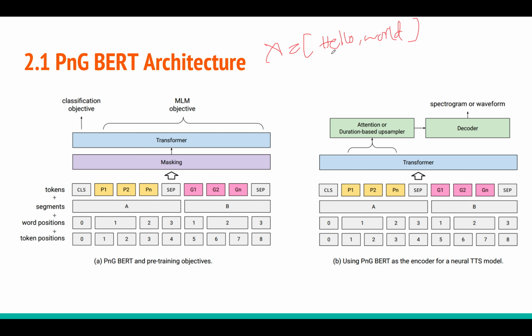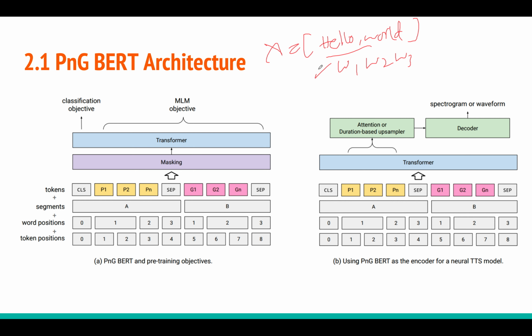Instead of taking characters, you can generate subwords, let's say G1, G2, up to Gn. There are many toolkits, like SentencePiece and so on, available to generate word tokens or subword tokens. And then you get P1, P2, up to Pn, the phonemes corresponding to the sentence hello world, right?